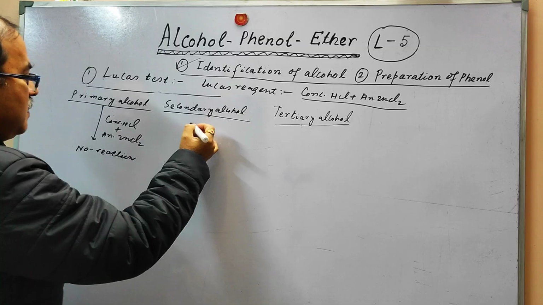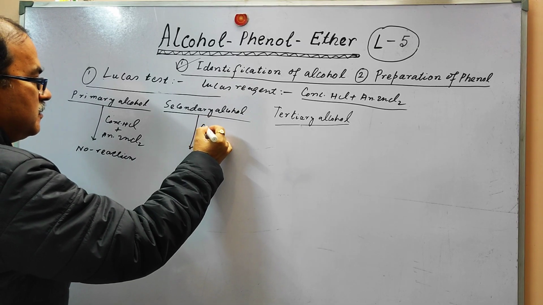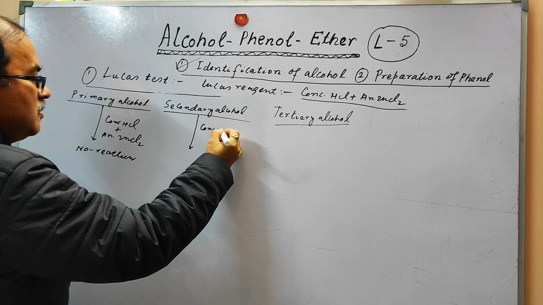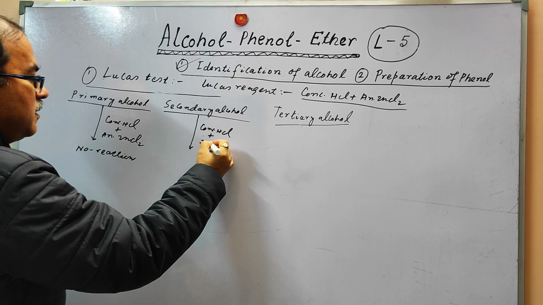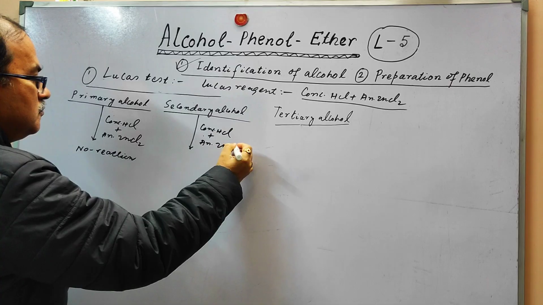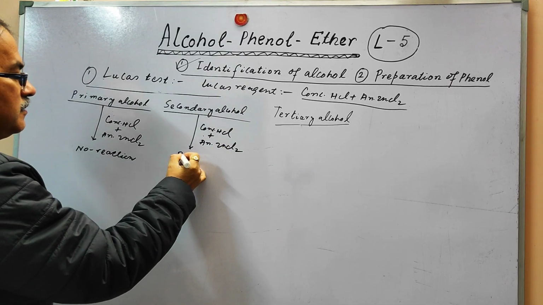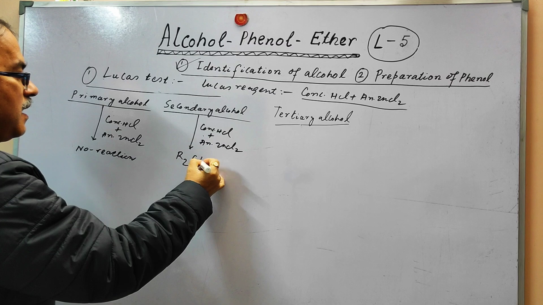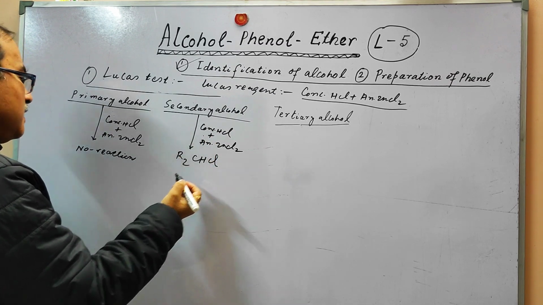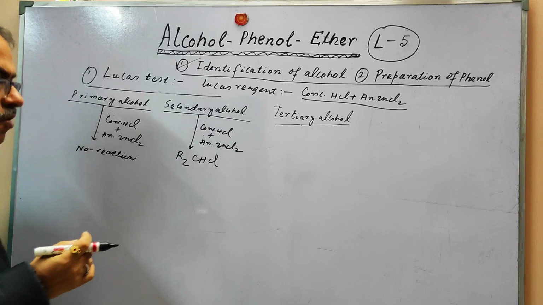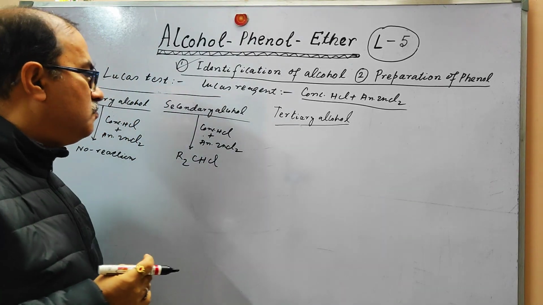But for the secondary alcohol, when we put this Lucas reagent, that is concentrated HCl and anhydrous ZnCl2, at that time there will be the formation of the alkyl chloride. It will take some time. After 5 minutes it will form.